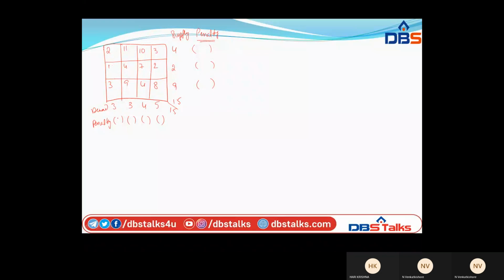There was no change in the column itself since no value was eliminated. And next, what about the row? 2, 3, 1, 2, 1, 1, and 3, 4. This is also 1. Next, identify the highest penalty.